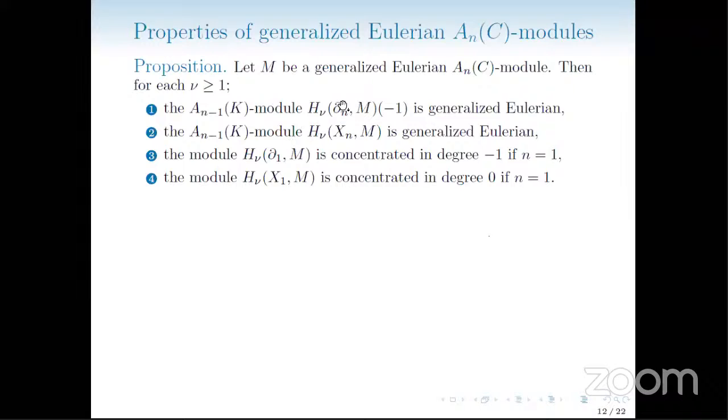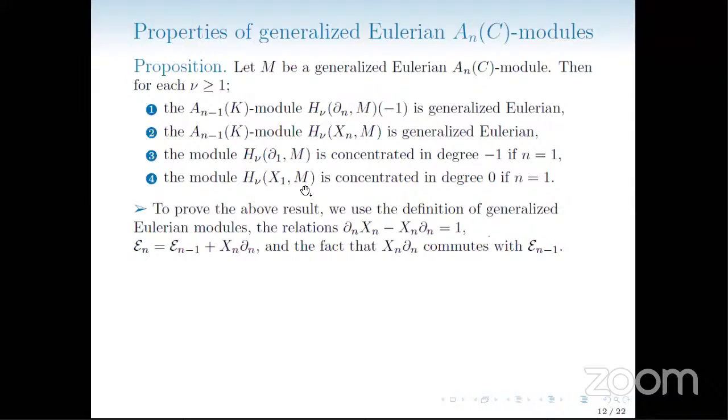And also here I want to remark that any graded module can have only one particular shift which is generalized Eulerian. Just like that, here I have mentioned that under this shift this module is generalized Eulerian. If we just take the de Rham cohomology module without the shift, that is not generalized Eulerian.